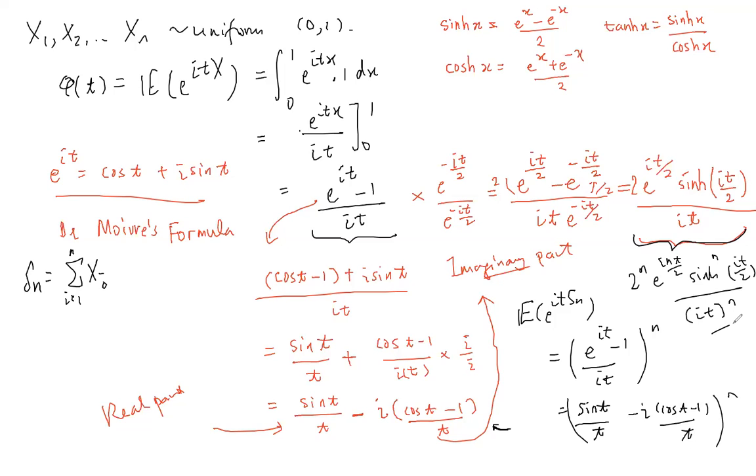Anyway, obtaining them is just a simple application of the product rule. You just take the characteristic function of one of them and raise it to the power of n. It'll be interesting to see what you can get by applying the inversion formula, and you may be able to get some results about its PDF.